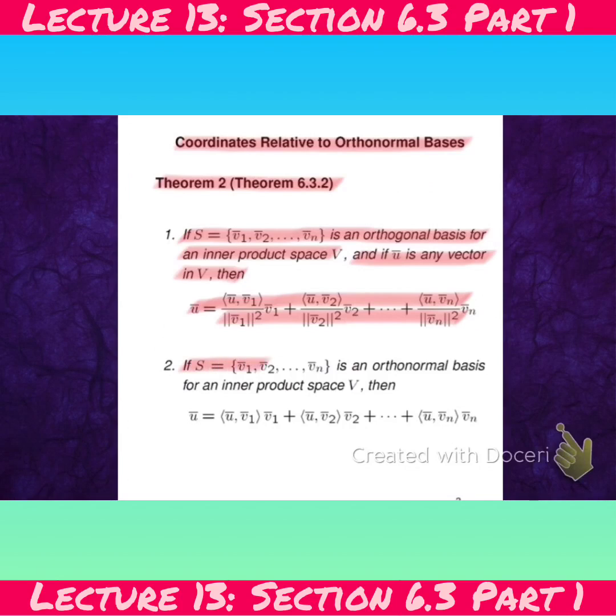Then also, if S is an orthonormal basis for an inner product space V, then obviously the norm of each one of those vectors V1 up until Vn is going to be 1. And so again, we can replace each one of these norms with 1, and so that reduces to this here.